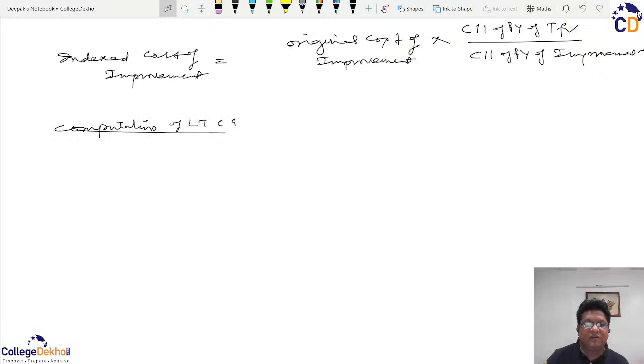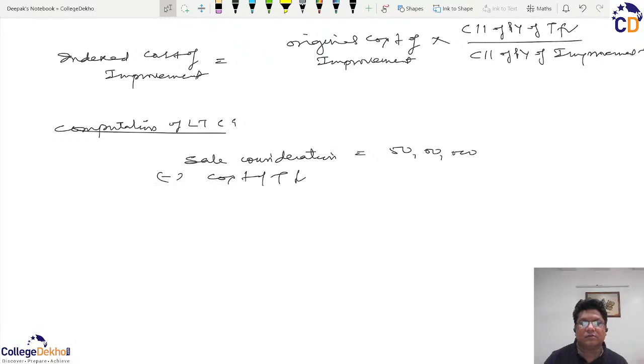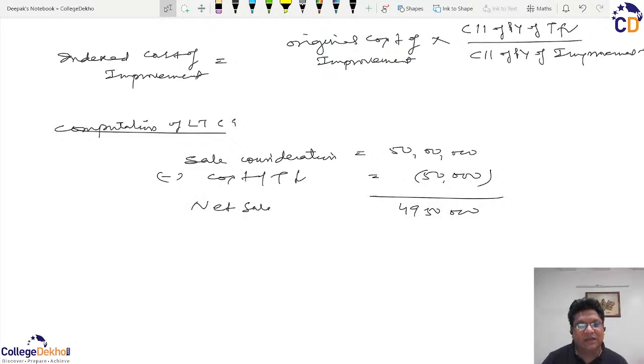then the sale consideration here was 50 lakhs. The cost of transfer was 1% of the sale value, that is 50,000, and this 49 lakh 50,000 denotes the net sale consideration.